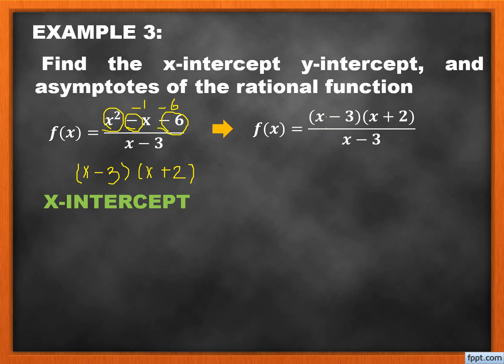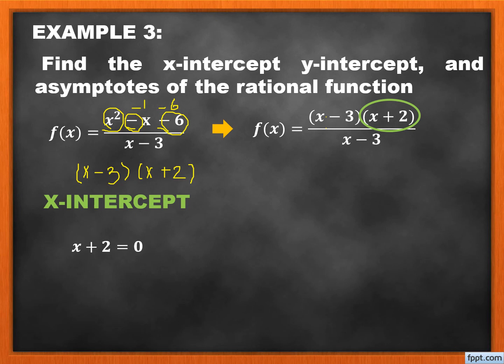Now, let us have the x-intercept. So, the numerators are x minus 3 and x plus 2, pero kung mapapansin nyo, may kamukha yung x minus 3 sa denominator. So, that means, hindi natin siya pwedeng gamitin for our x-intercept. Instead, ang pwede lang natin gamitin is x plus 2.